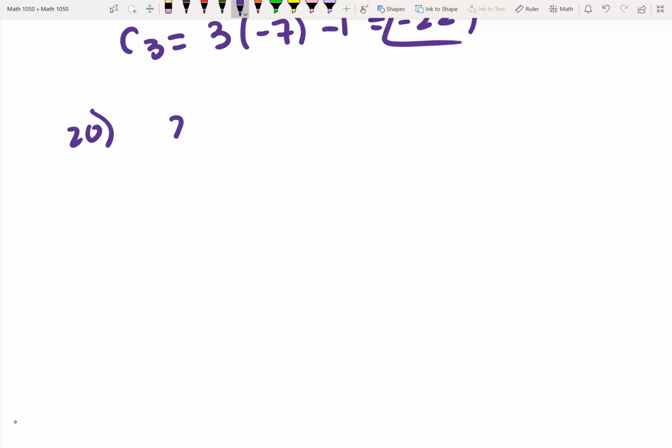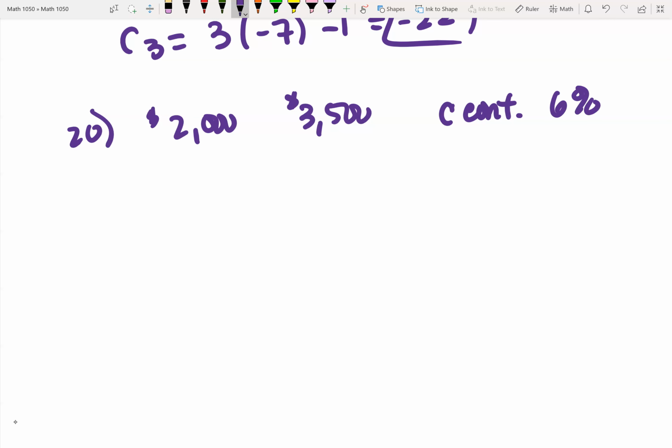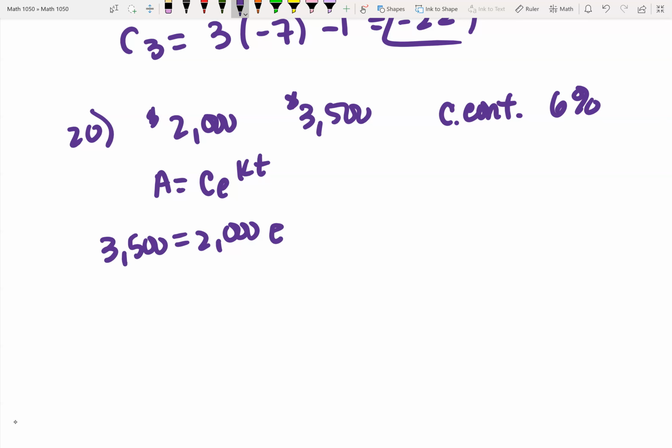Number 20. How long will it take an initial investment of $2,000 to be worth $3,500 if it's compounded continuously and the rate is 6%? Okay, so the formula is A equals C e to the kt. So I start with 2,000. My amount is going to change to 3,500.